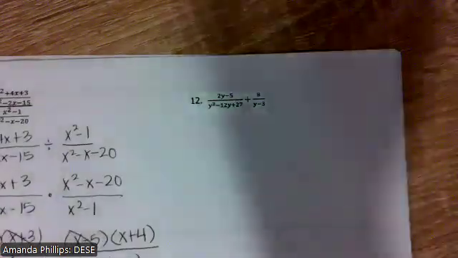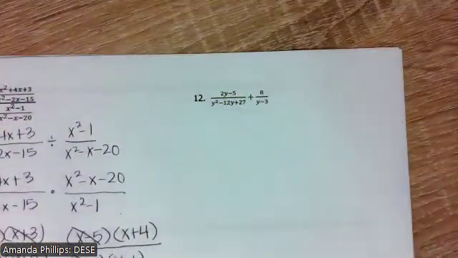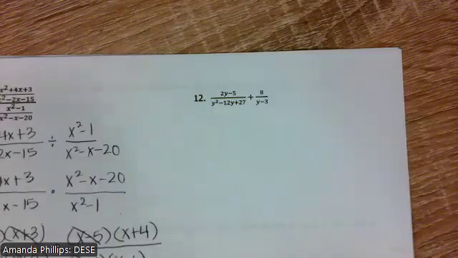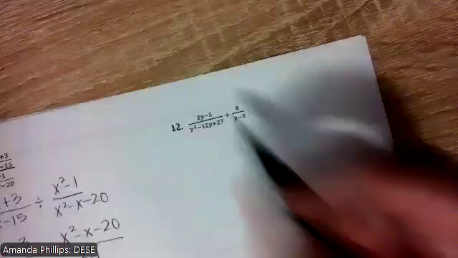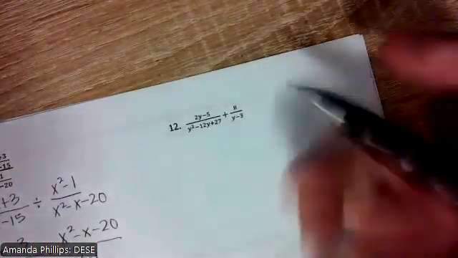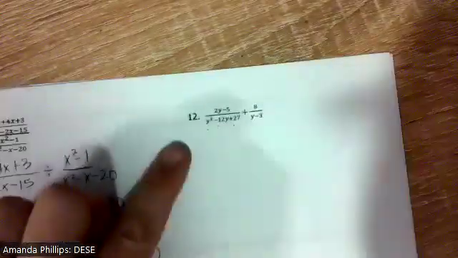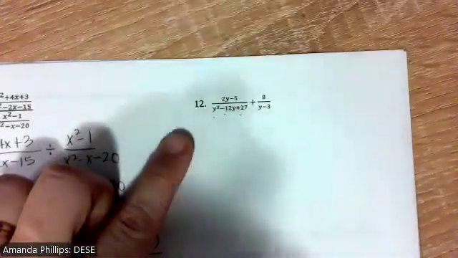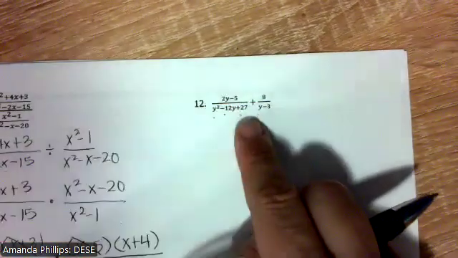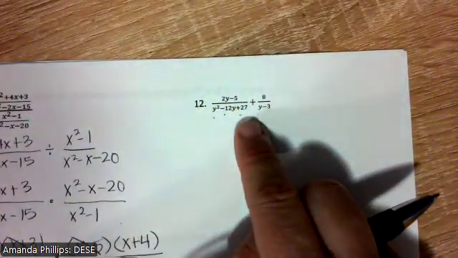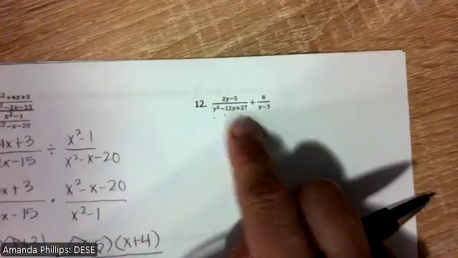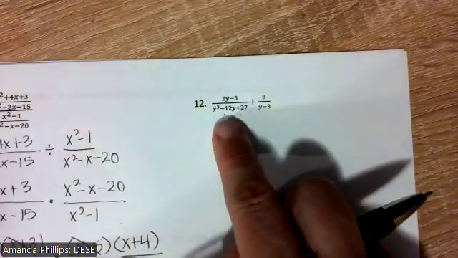All right, let's look at number 12. We've got an addition problem, so I know that means I need a least common denominator. So first, before I can find that though, I need to factor these. So y squared minus 12y plus 27, there is no GCF. It's a trinomial, so I'm going to play the magic numbers game. What's going to multiply to give me 27 that would add to give me negative 12?